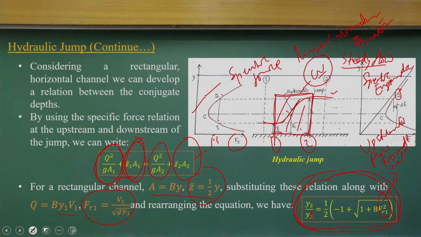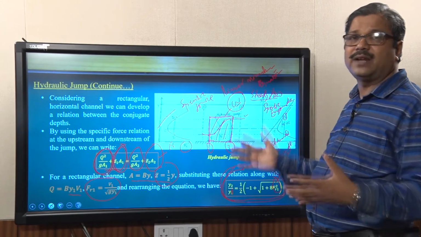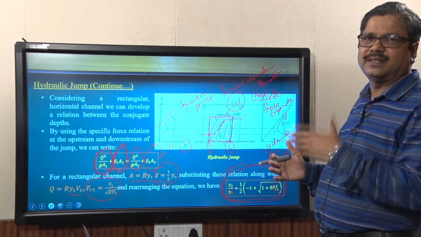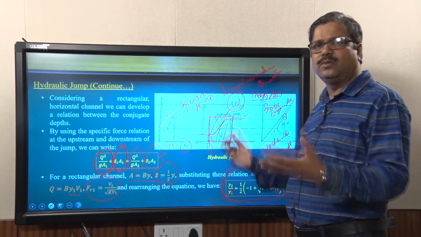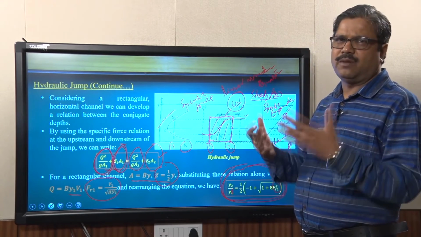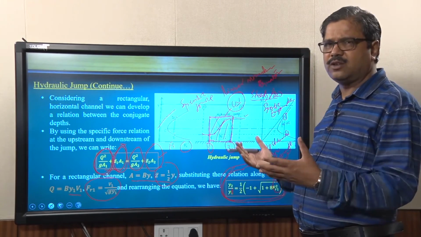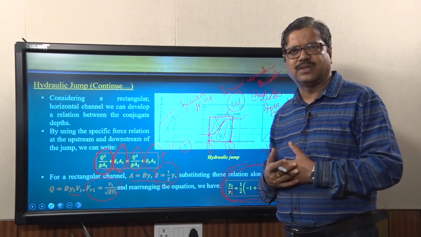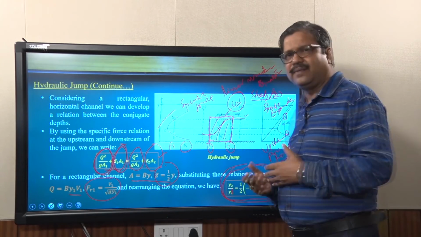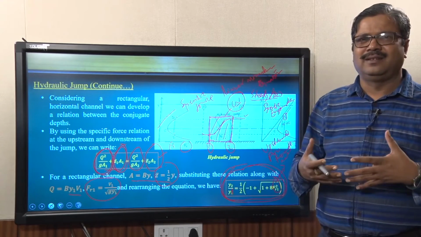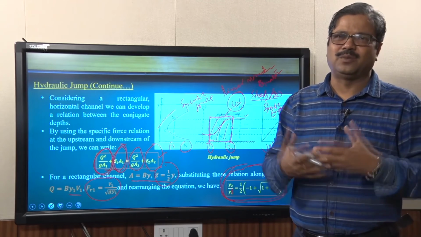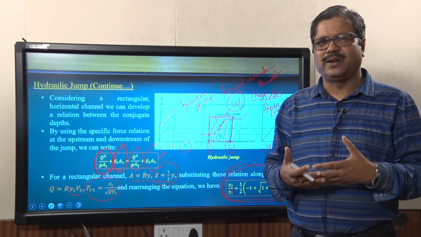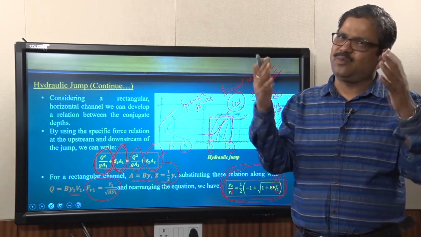You can have the two diagrams, one the specific force diagram and the other the specific energy diagram, and then you try to interpret what happens pre-hydraulic jump and post-hydraulic jump. We use the simple tools of the linear momentum equation for this control volume and the mass conservation equation. We have not used anything new except the basic principles of mass conservation, linear momentum, and energy conservation for the control volume.